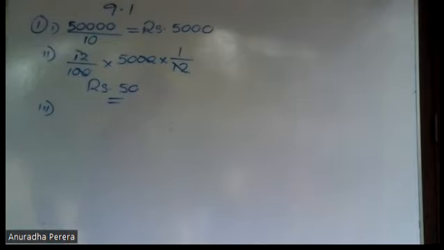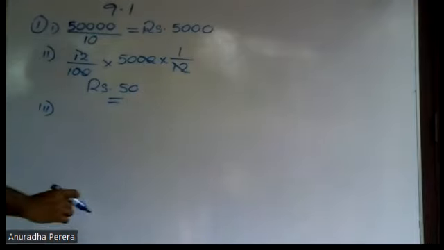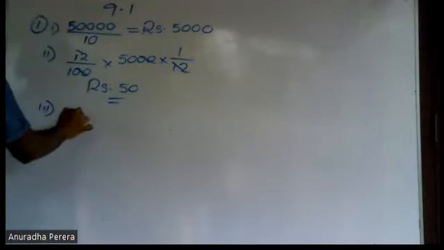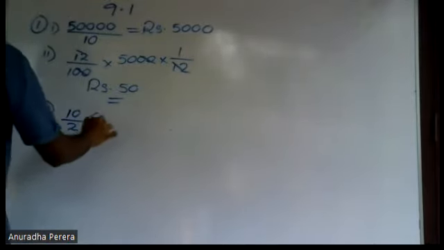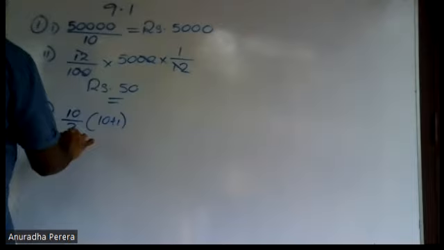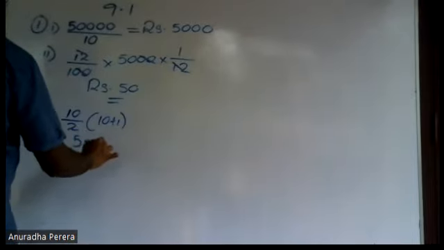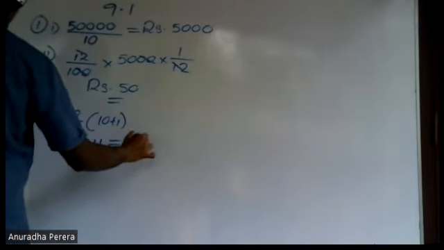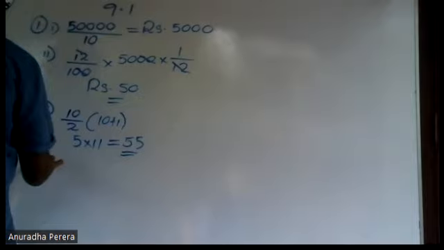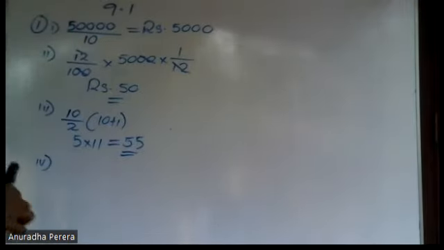For how many month units should she pay the interest? 10 installments, 10 over 2, 10 plus 1. 5 into 11, 55. Fourth question.